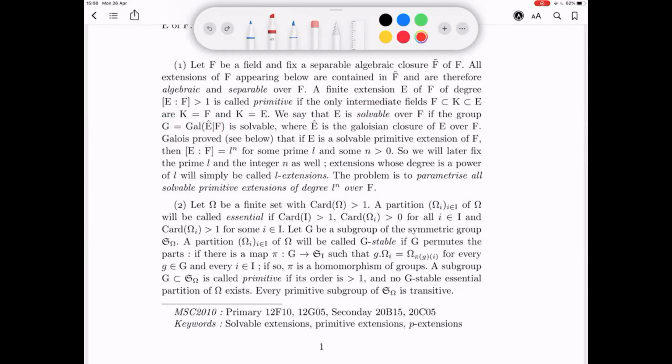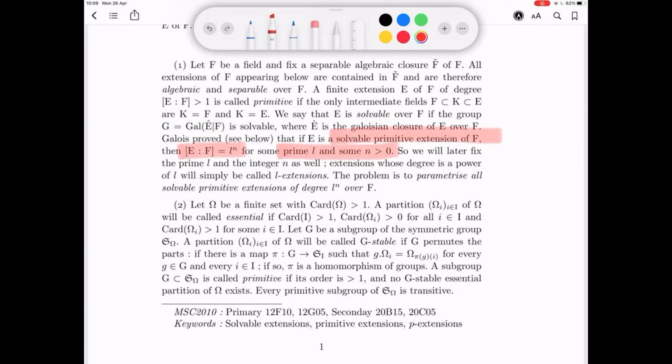What Galois proved for primitive extensions, which are a generalization of extensions of prime degree, is that if you have a solvable primitive extension, so it should be both primitive and solvable, these two definitions at the same time, then the degree of such an extension is the power of some prime number. It's a prime power. This is what is contained in what is called Galois's second memoir.